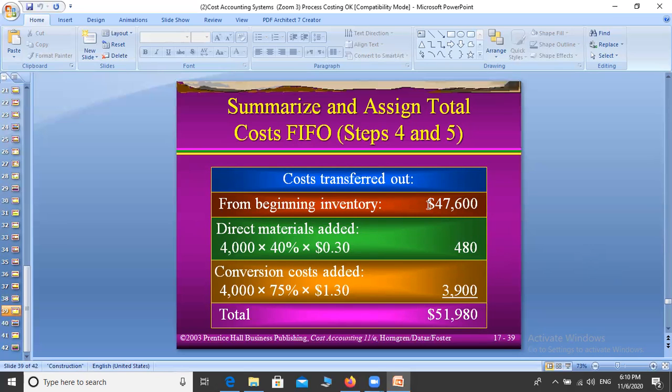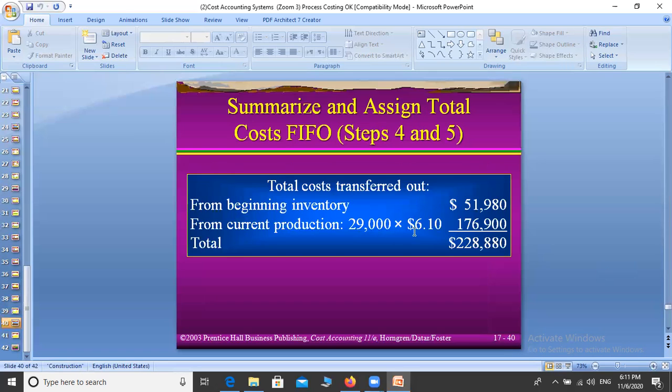From beginning inventory, this is the cost of beginning inventory for all the items of cost. Then direct material added. There is no transferred in cost because it is 0, as it is completed from its beginning. Direct material added is 40% of the 4,000, because it is completed 60%, times 0.3. Conversion cost 75% times the 4,000, that is 3,000, times 1.3. This gives 51,980 from beginning inventory.